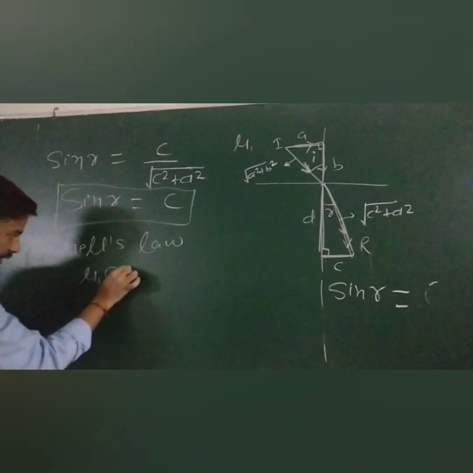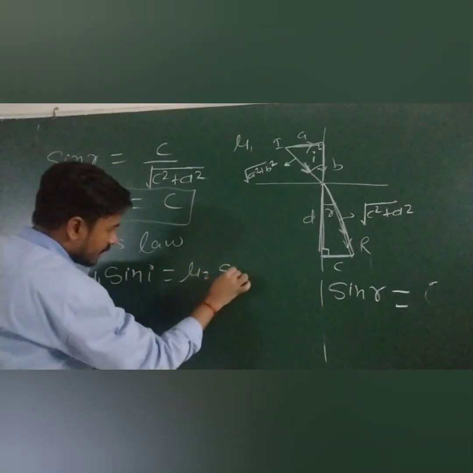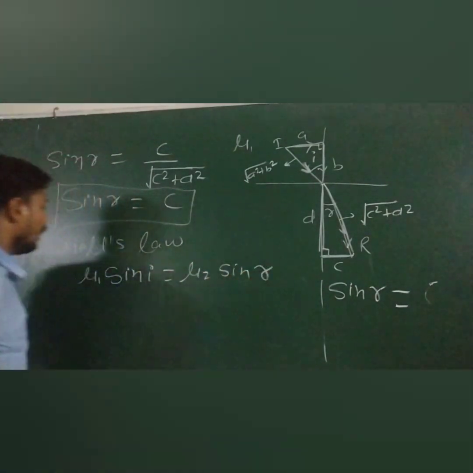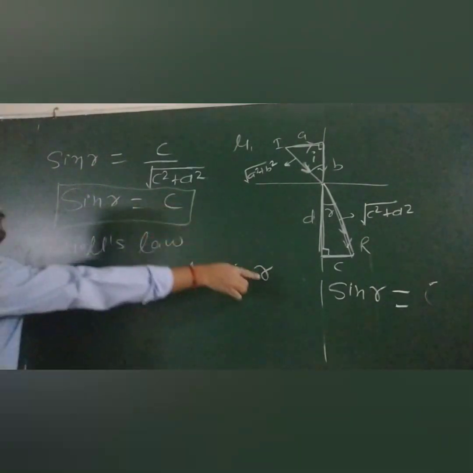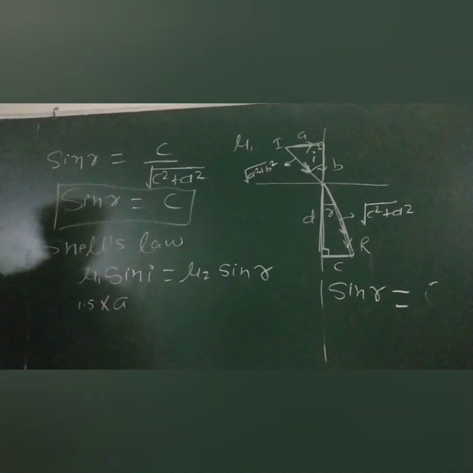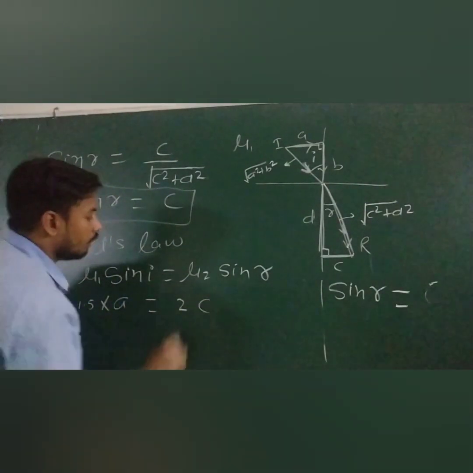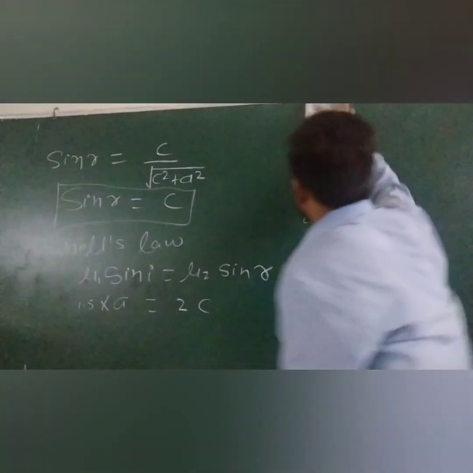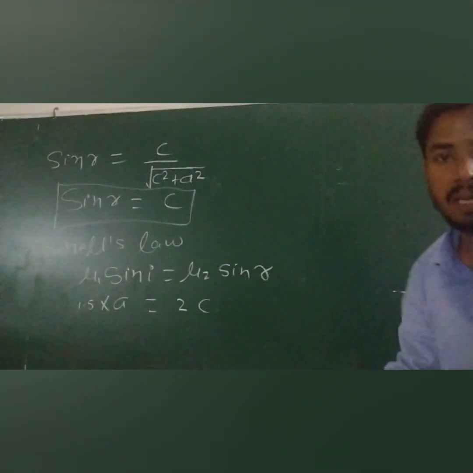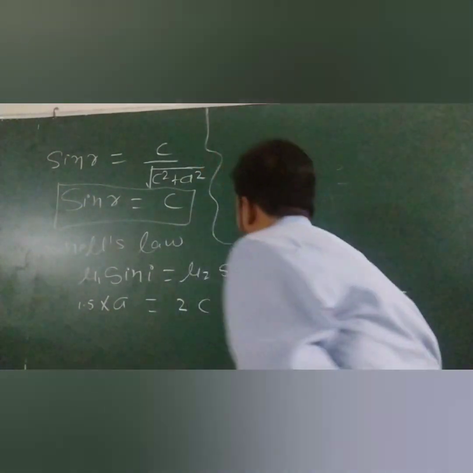Mu1 sin I is equal to mu2 sin R. Mu1 is 1.5, sin I we have calculated as A, is equal to mu2, which is 2, and sin R we have calculated as C. According to the question, you have to calculate A by C.